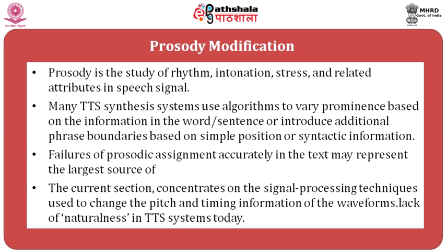The TTS systems have only text as input, and the various reasons that may contribute to human accenting decisions are not well understood. Most TTS systems change the pitch contour of a sentence only by reference to its final punctuation. For example, sentences ending with a dot, that is a full stop, may generally end with a flat pitch, while sentences with a question mark may end with a rising pitch.